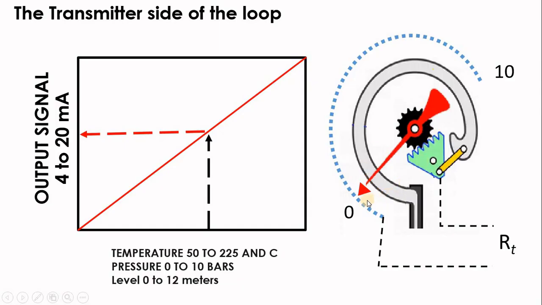If you imagine a pressure gauge, your pointer is sliding on a potentiometer and changing the resistance. So now the resistance will change with the pressure.